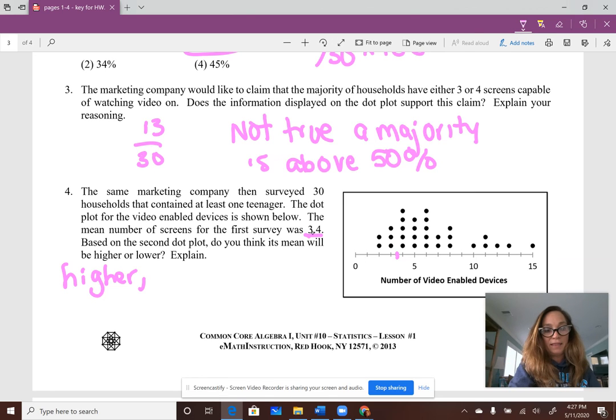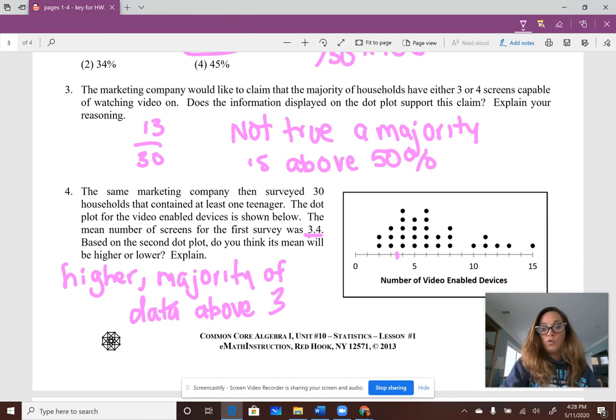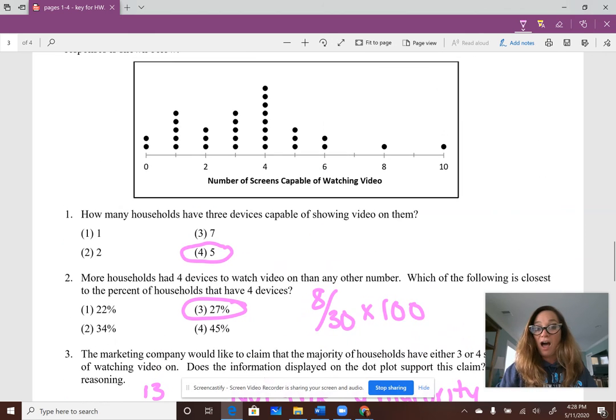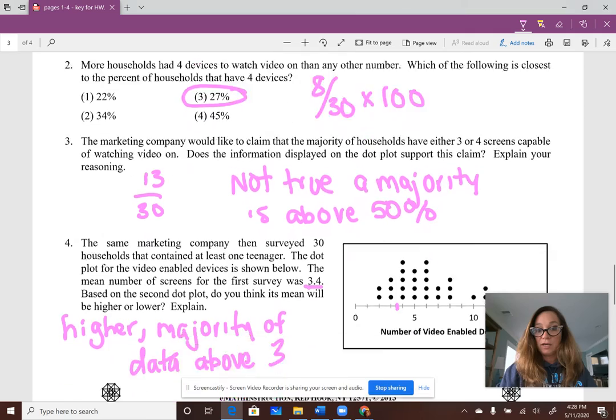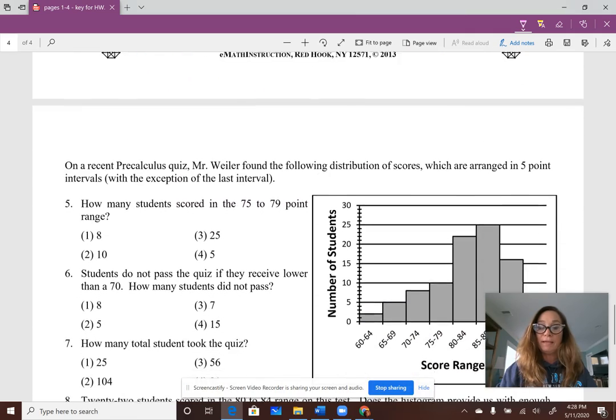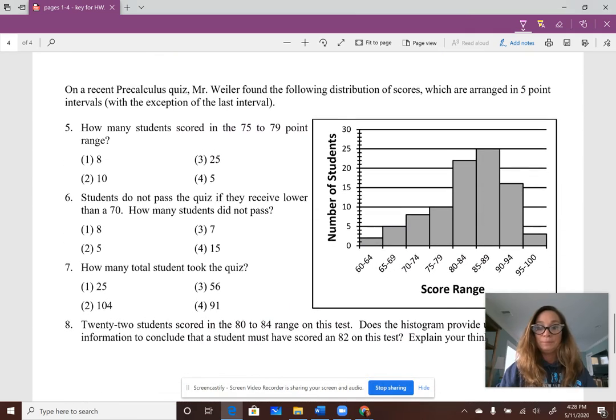I would say the majority of the data is above 3. You could even say how like 15 is here, and before 15 wasn't even on the dot plot. So it's definitely going to increase the mean. Okay.